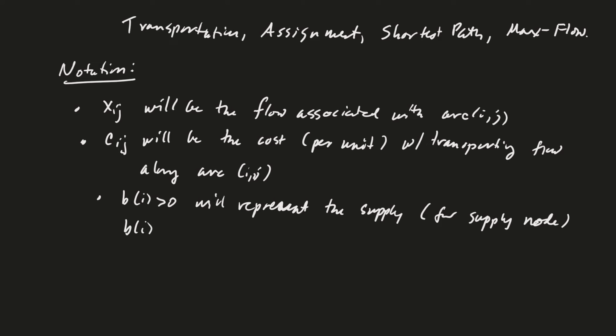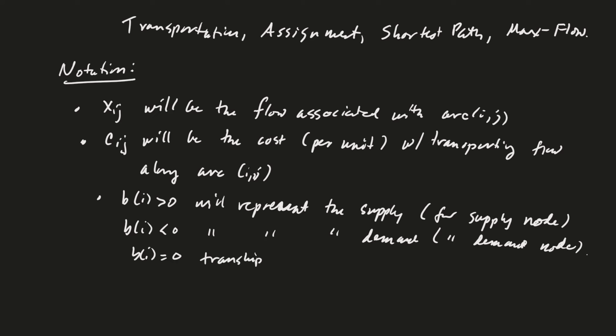Bi will be less than 0 for a demand node. And finally, Bi will be equal to 0 for a transshipment node.